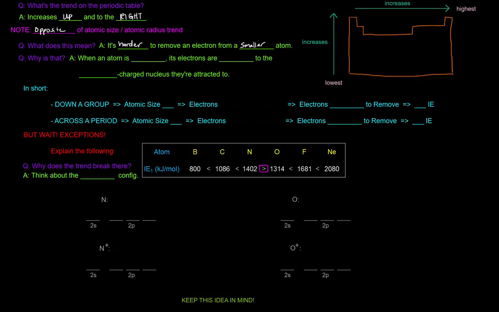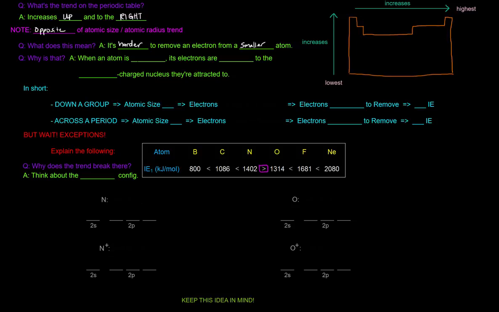So we have the atoms with the elements with the highest ionization energy up and to the right, whereas for atomic radius, the largest is at the bottom left and the smallest is up top. So it's harder to remove an electron from a smaller atom. Why is that?